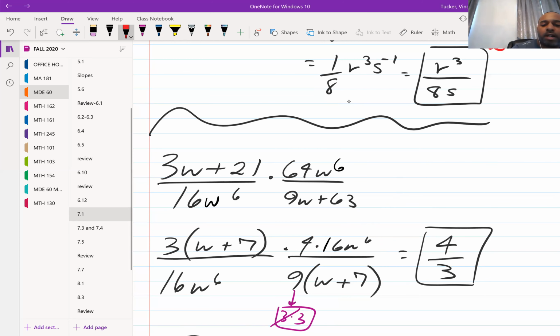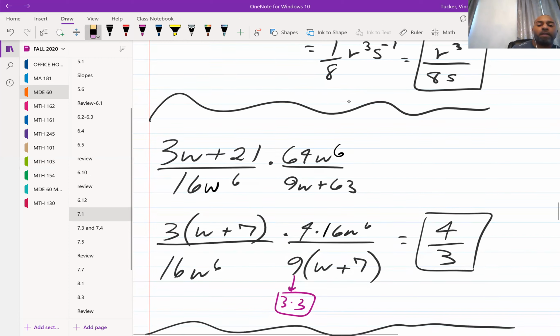Then looking at this 9, I factored out 9. So I have 9 times w plus 7. And also, you recognize that 9 is 3 times 3. So when it comes to canceling out, I can cancel out one of the 3's that's in the 9.